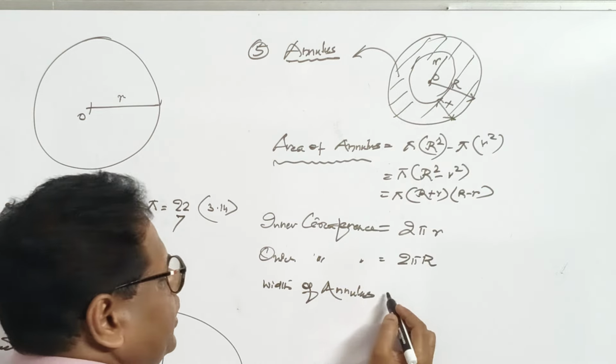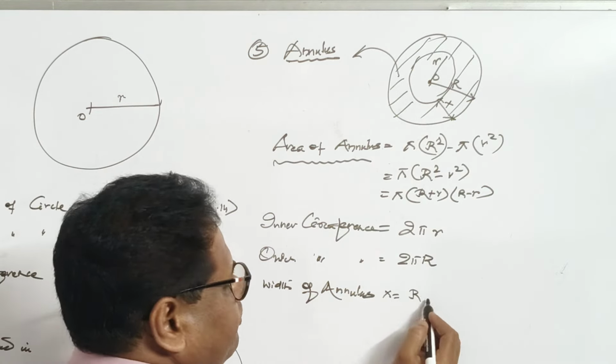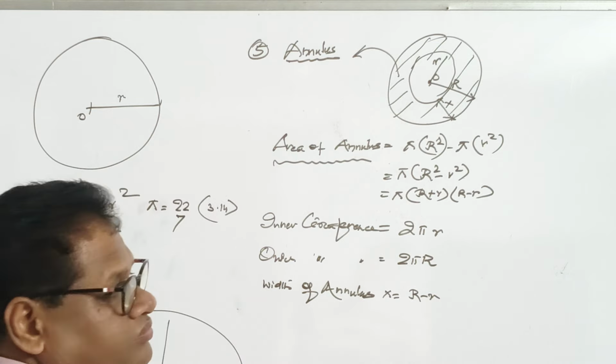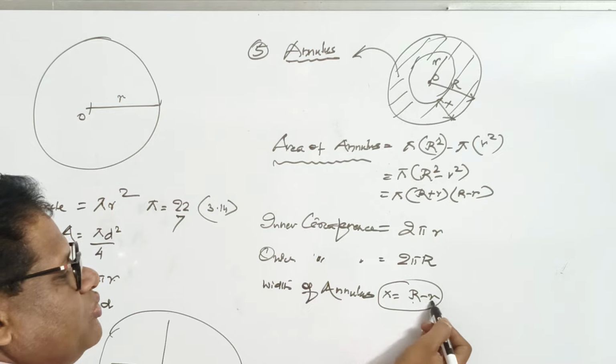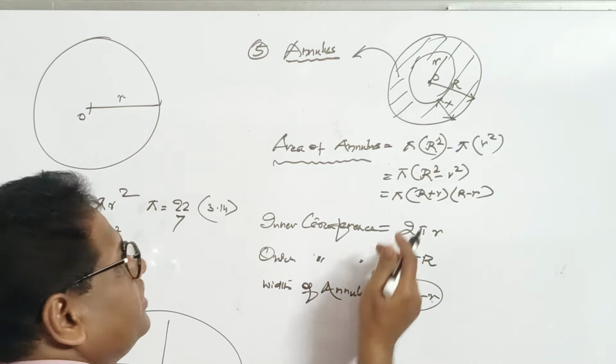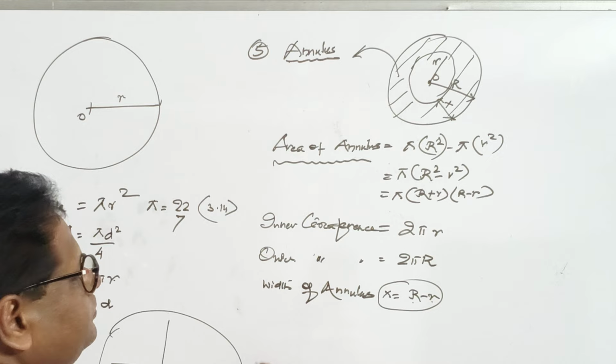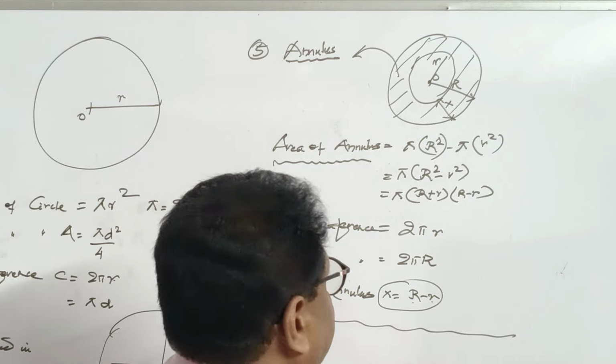So to get the value of x, we have the difference of capital R and small r. Having known this relation, you can find capital R or small r if the thickness, that means the width of annulus, is given. So this was about annulus.